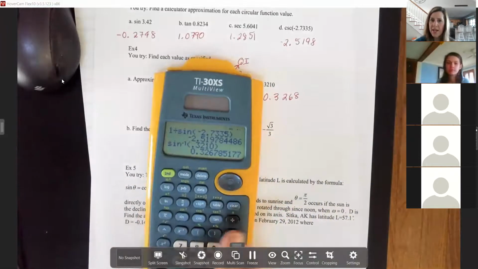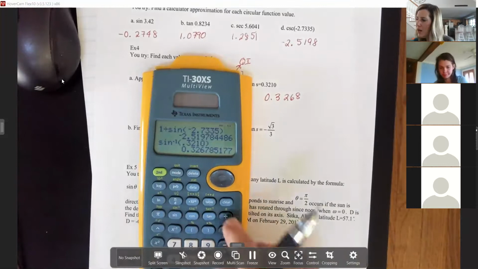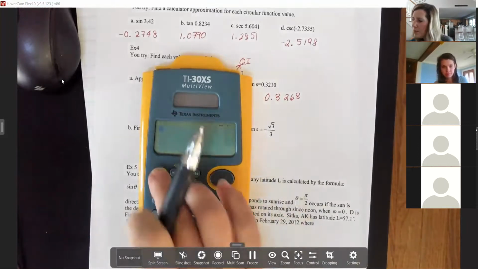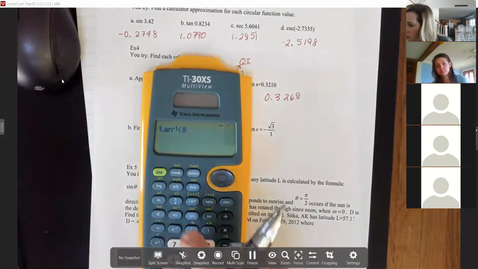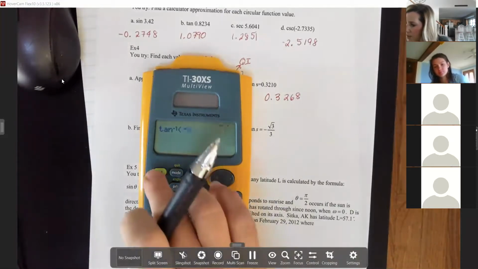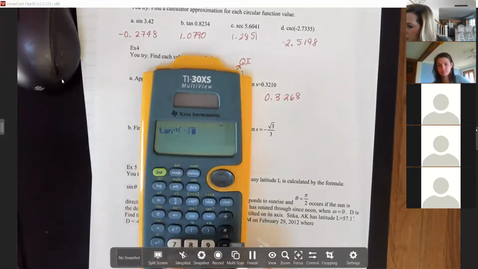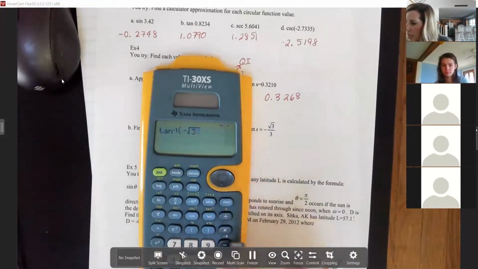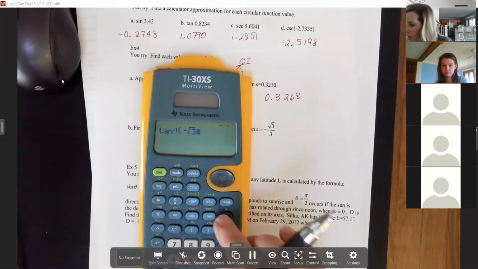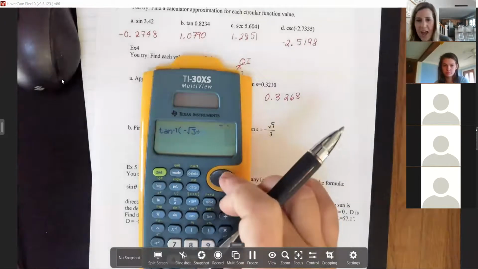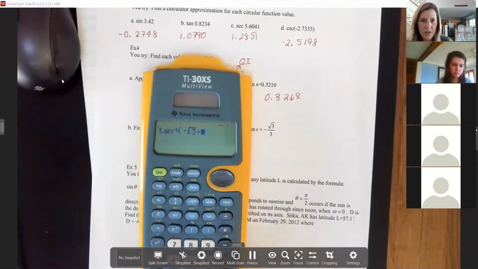So when I hit inverse tangent of negative square root 3, sorry, I'm trying to remember how to do this on the calculator. Divided by, so I had to hit the arrow over to stop it from being underneath the radical.